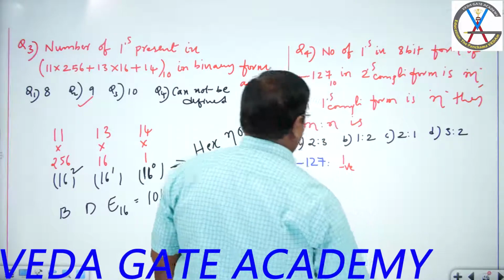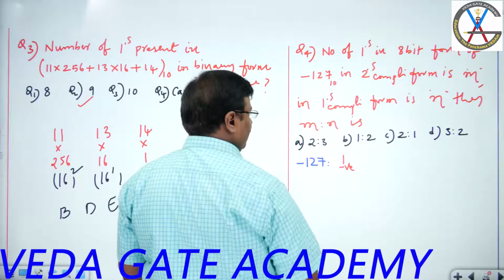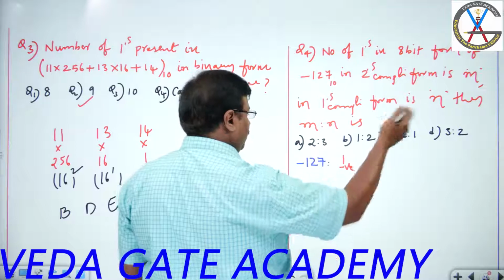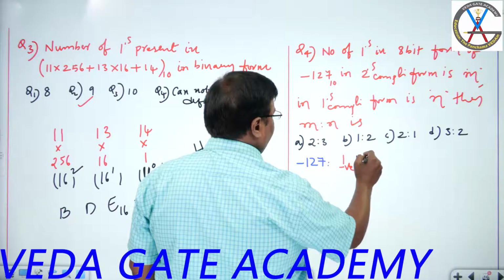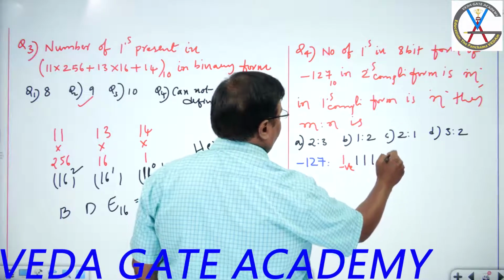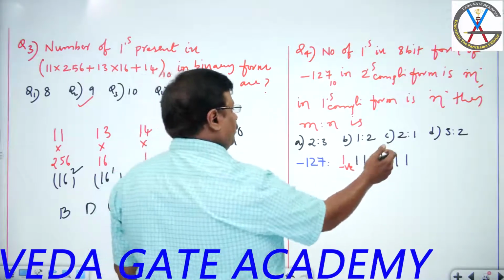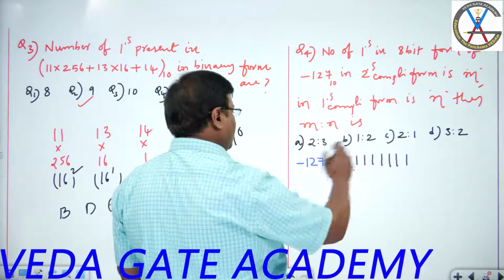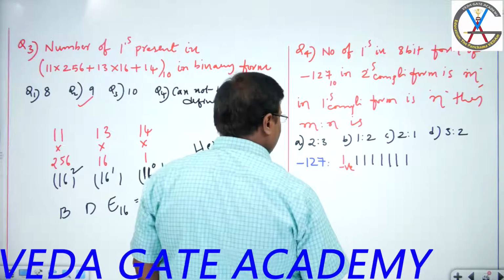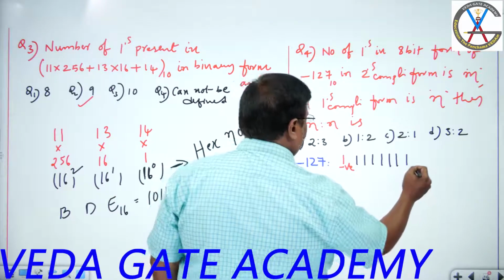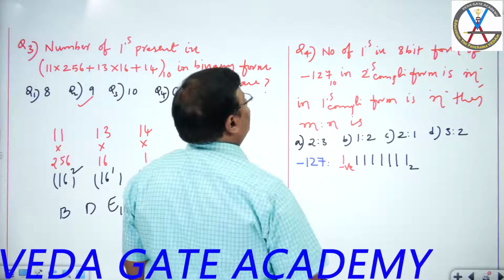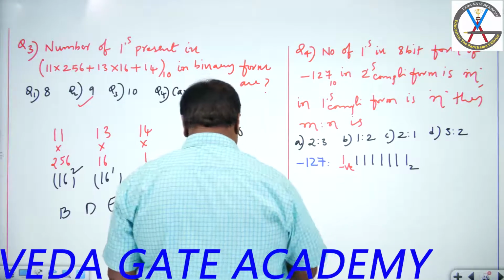127 means all ones, I think, isn't it? 128 minus one is all ones, 127: 1, 1, 1, 1, 1, 1, 1. 1, 2, 4, 8, 16, 32, 64. Altogether it is 127. You can count it. So this is binary. But we want 2's complement form.